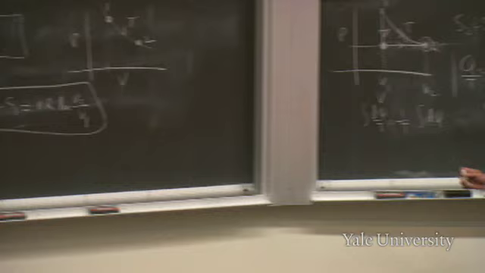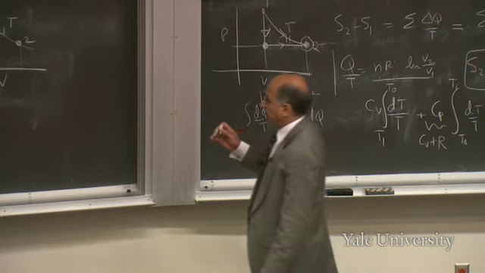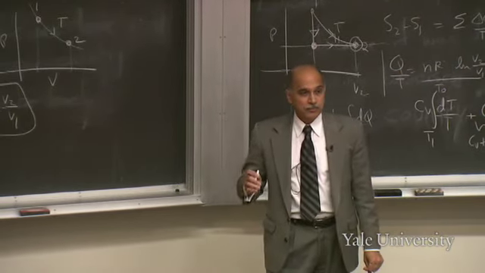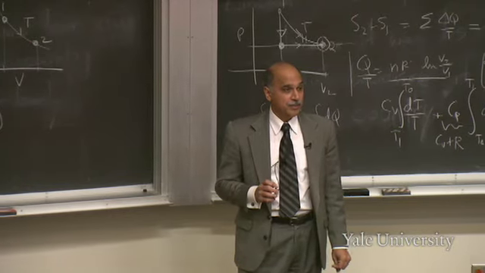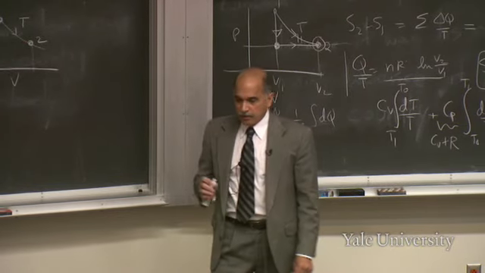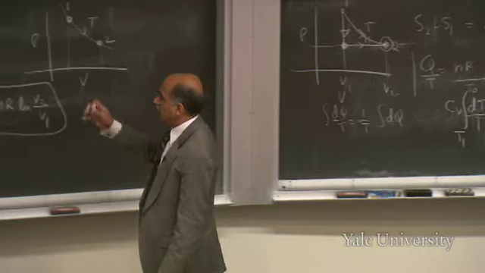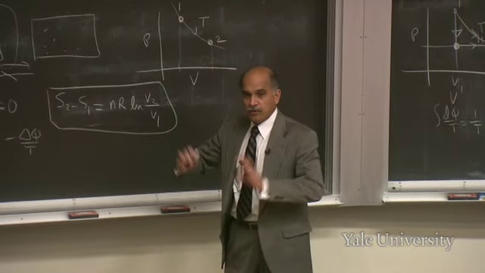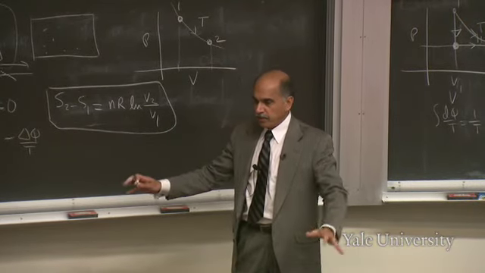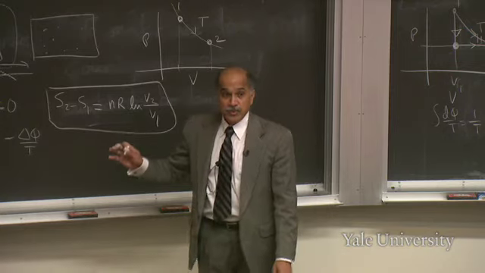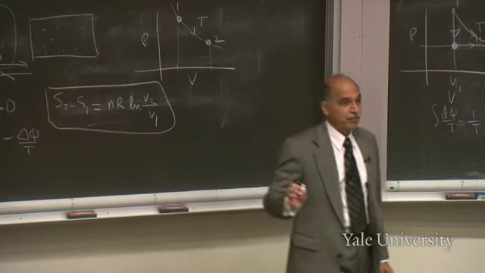This is the part that's absolutely central to this whole argument: how entropy is calculated. In a real spontaneous expansion of a gas, where there was no reservoir, no nothing, you just broke the partition and expanded, there is a change in entropy. That's an irreversible process.